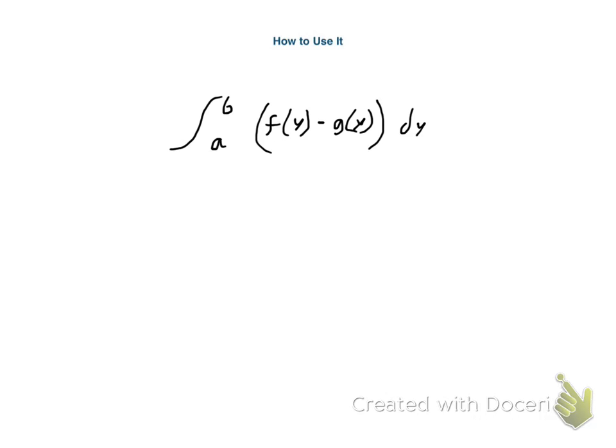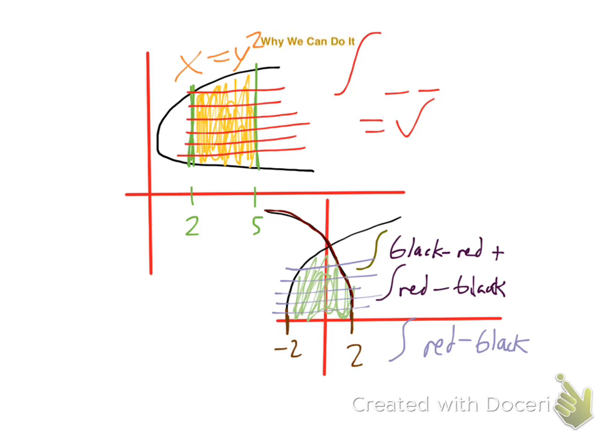There are some things to notice. Our formula is in terms of y now. For example, in my first example on the graph, I said the function was x equals y squared.